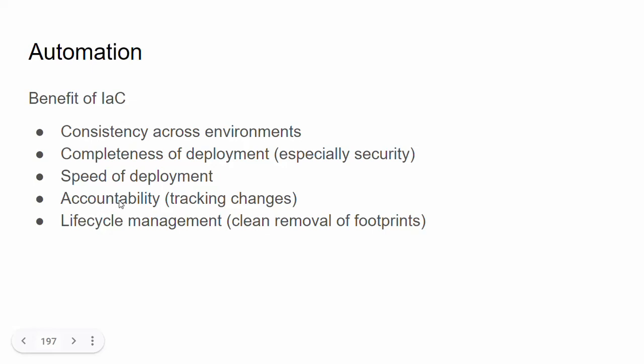And then you can also check the changes to the code so that you know whoever made a change. If you run the script and it failed, you can go back and see who made the change and for what reason. So this is accountability. And finally, you have lifecycle management. In Microsoft, there are certain services where you use infrastructure as code. There's also the ability to remove the blueprint completely once and for all.